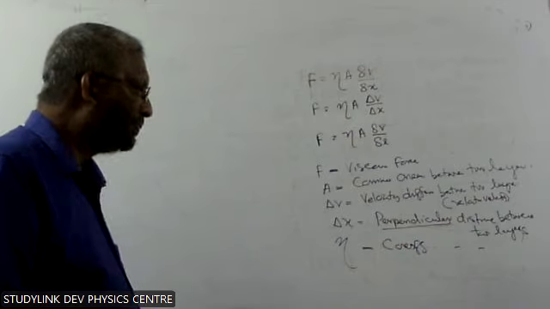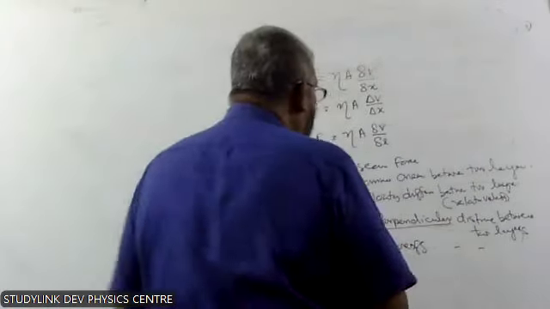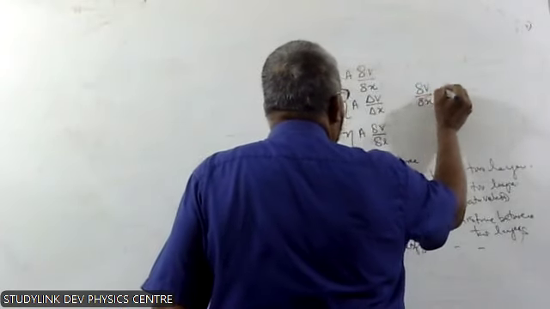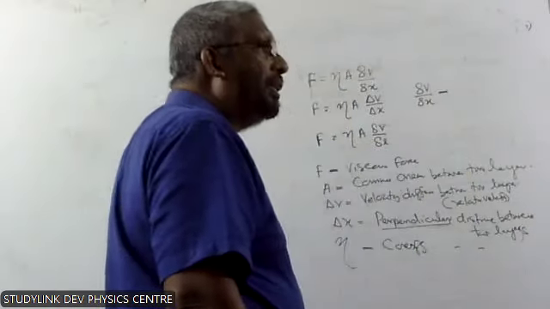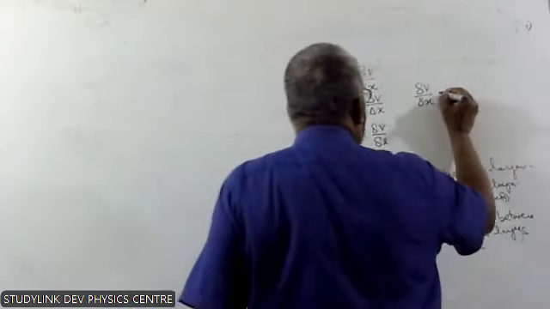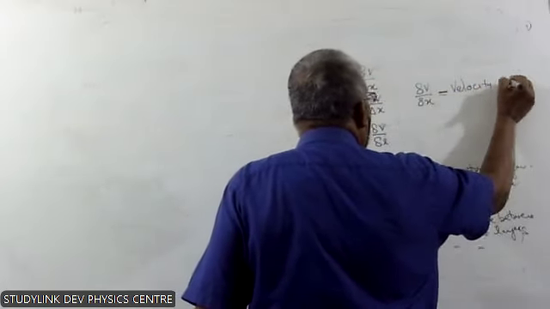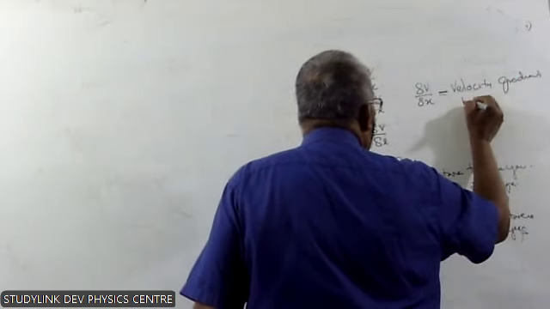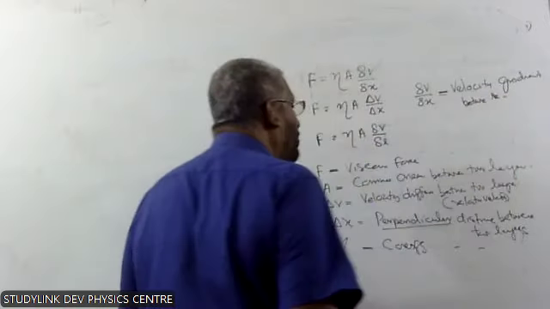Next one. Sometimes they ask what is delta V over delta X. Then directly you have to say velocity gradient between the two layers or lamina.